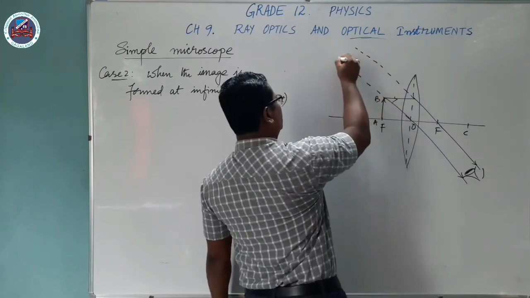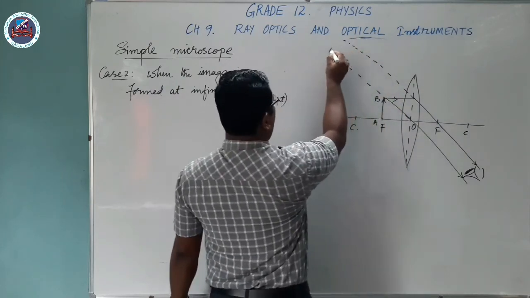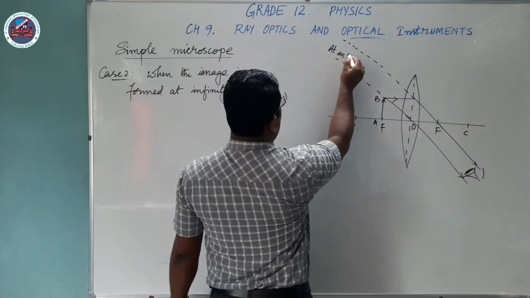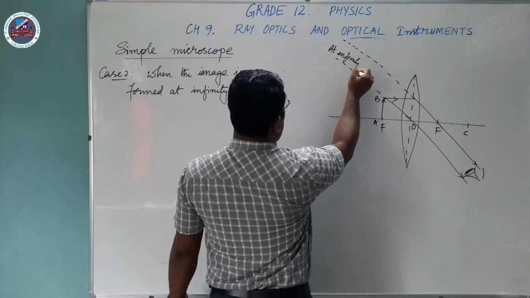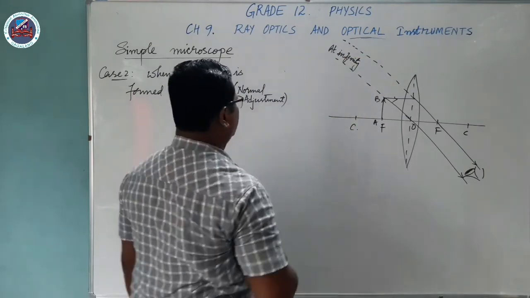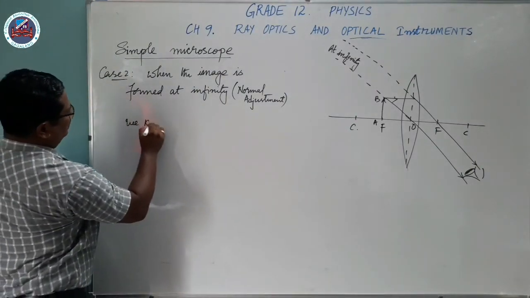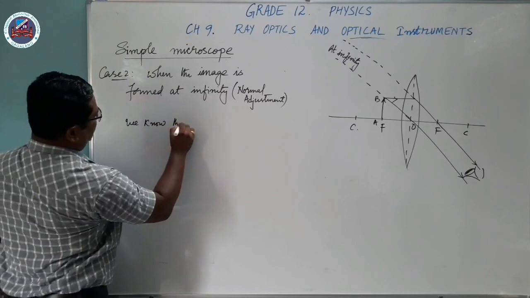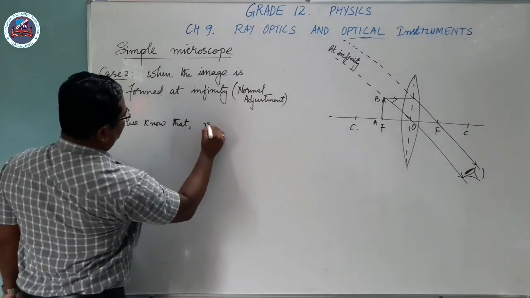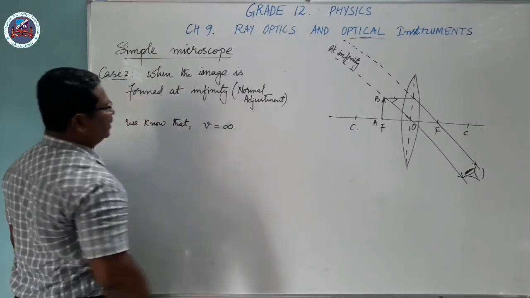This side, it will be still parallel. Image will be formed at infinity. When the image is formed at infinity, we know that image distance V is undefined.